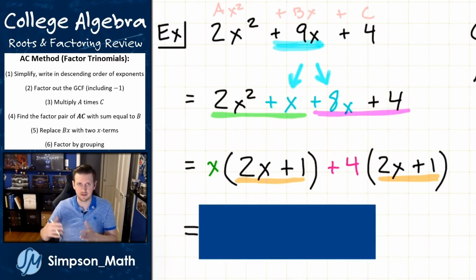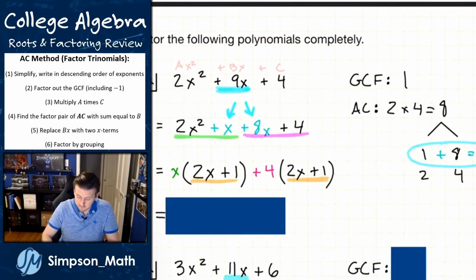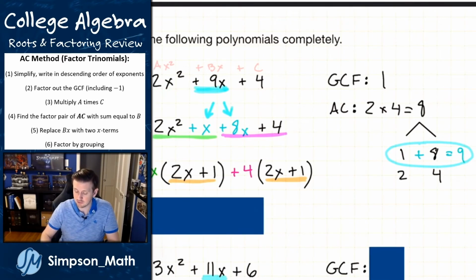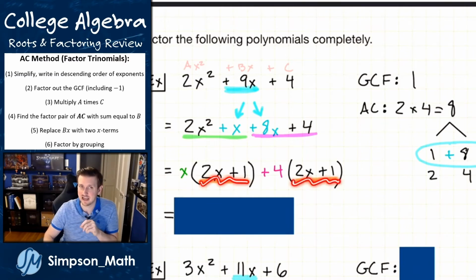Now, here's a note about this process. If you correctly multiplied a times c, and you correctly found the factor pair, then whenever you do the factor by grouping, you will get equal values. If for some reason you make it to this point and they're not the same, few things to check.